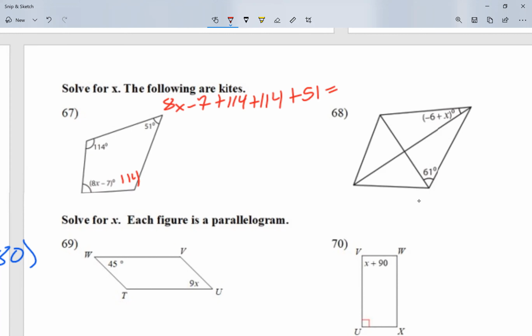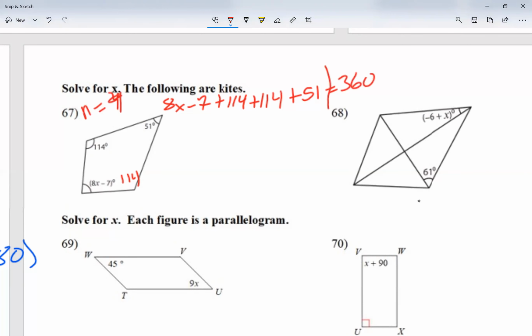I added everything. I have the angles on the inside. Remember the formula n minus 2 times 180? There's four sides, right? N equals 4. So let me even write that down. N is equal to 4. So based on that formula, I'm going to say all of the angles on the inside add up to 360, right? N minus 2 times 180.